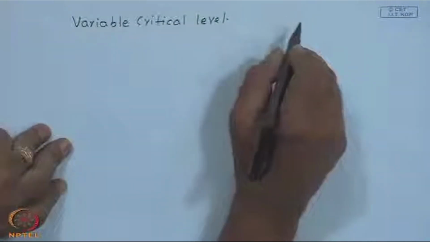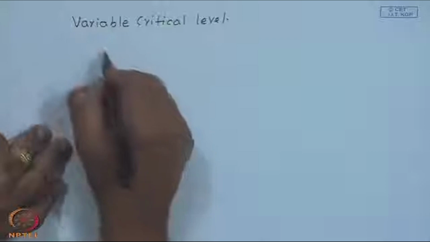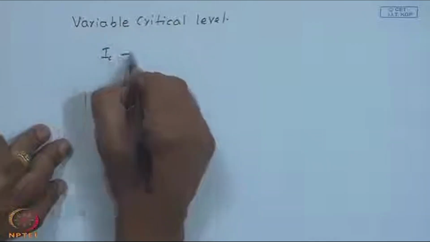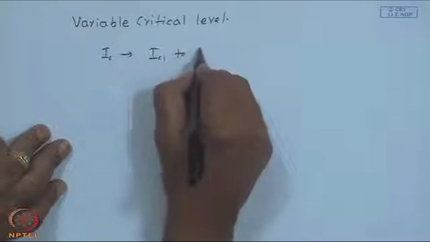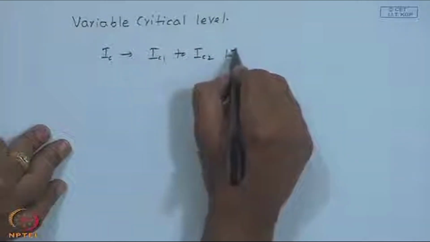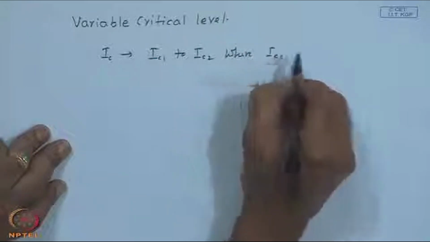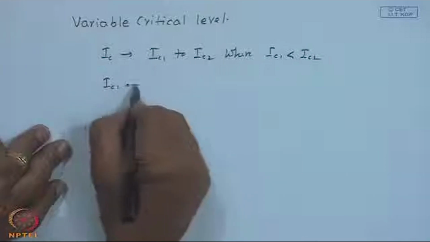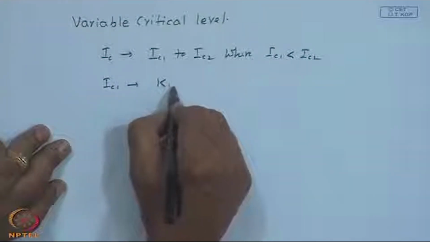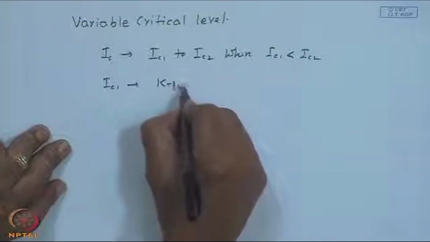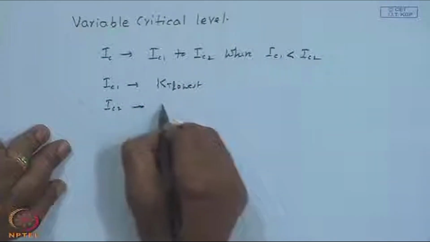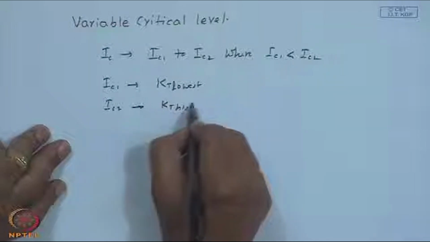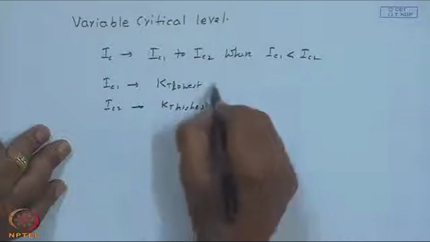But if you look at it from the meteorological data point of view, your IC may vary from IC1 to IC2, where IC1 is less than IC2, and IC1 may be on the KT lowest day and IC2 may be on the KT highest day.